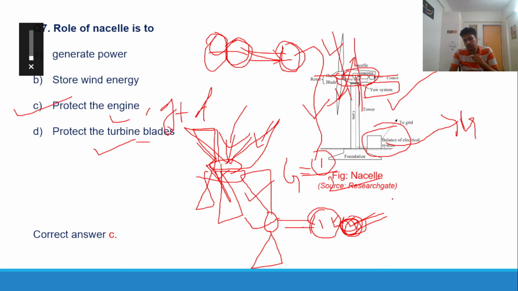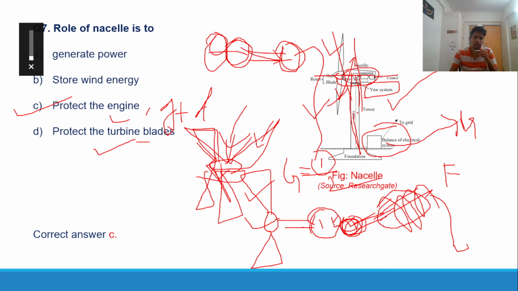A faster rotation will move the generator plates. This generator has some electromagnetic coil in it. Due to the movement of plates, a current is induced due to Faraday's law. This current is taken out through cables which pass through the tower.